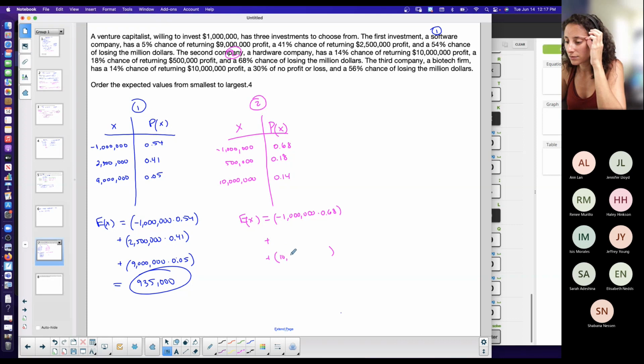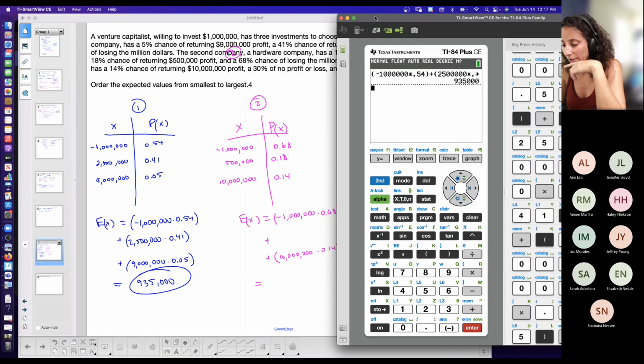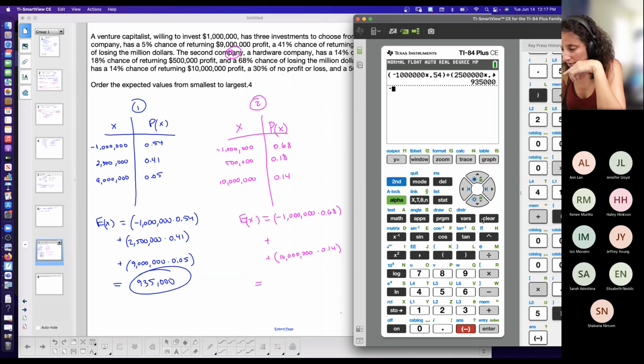I'm gonna cheat and just go straight to this one. And you guys can go ahead of me if you want. Times the 0.14 is, I don't know what this expected outcome is. Negative 1 million, make sure I have 6 zeros there, times 0.68. I'm assuming you guys are checking my numbers, okay? I'm making that assumption.